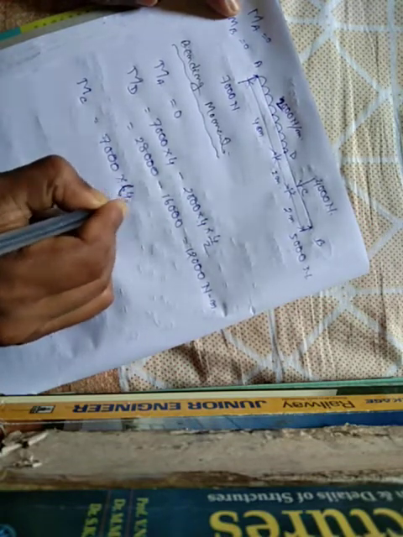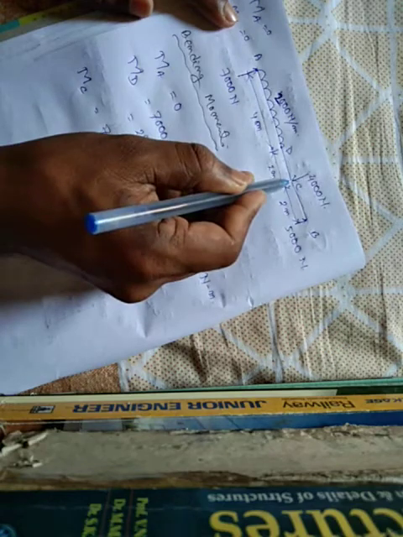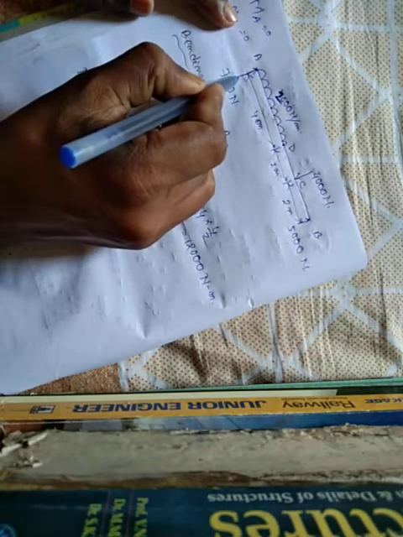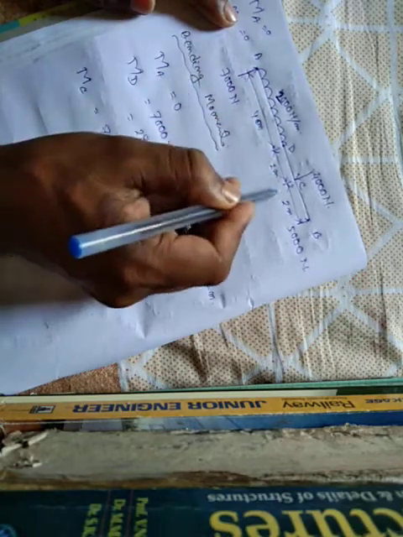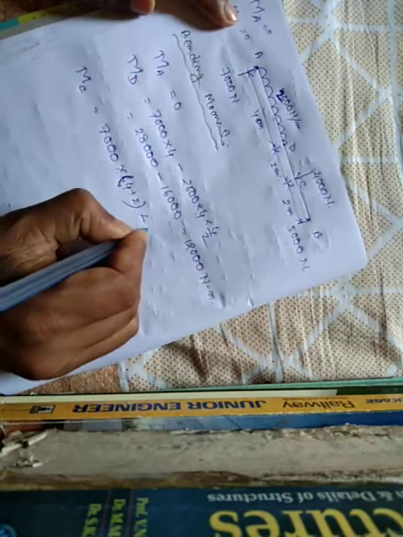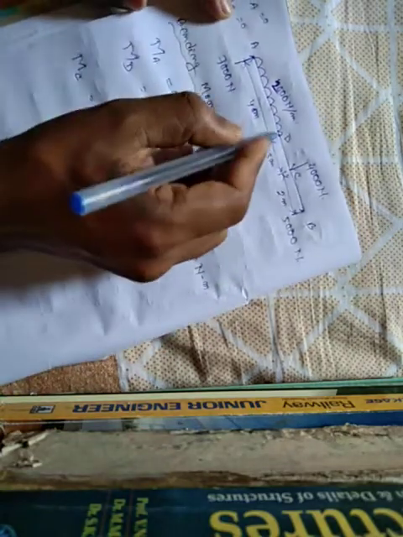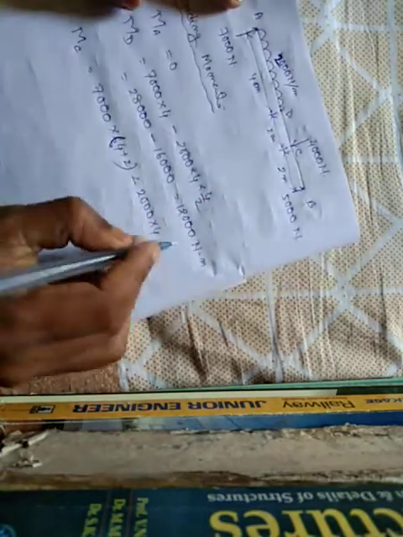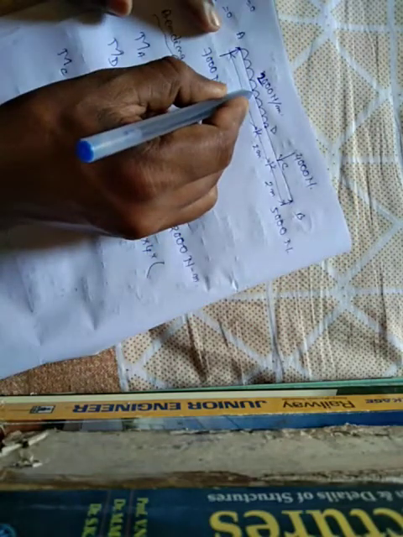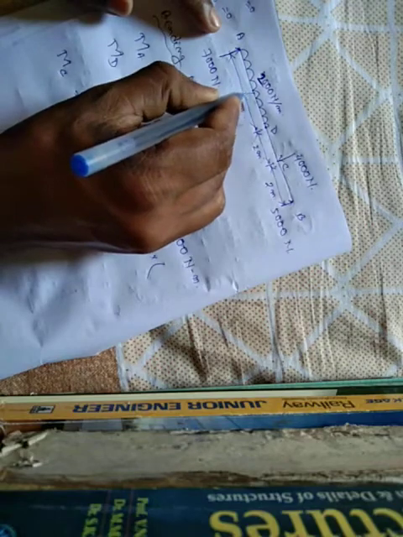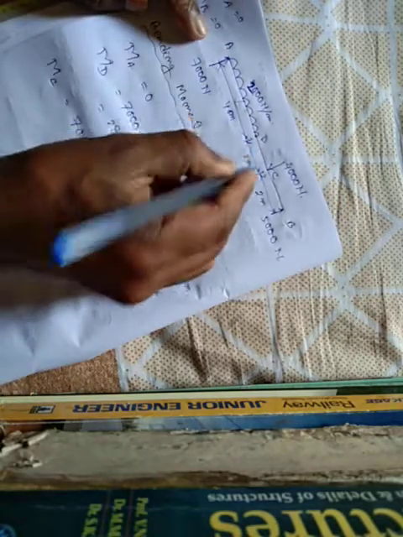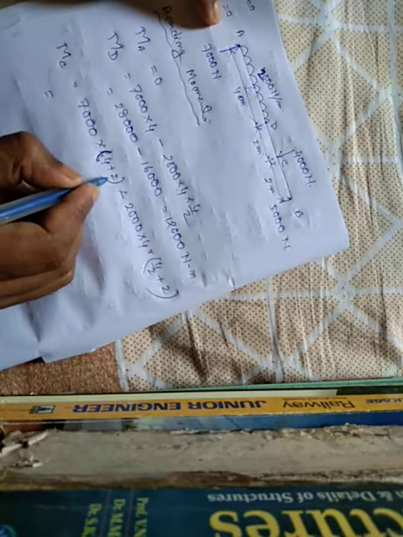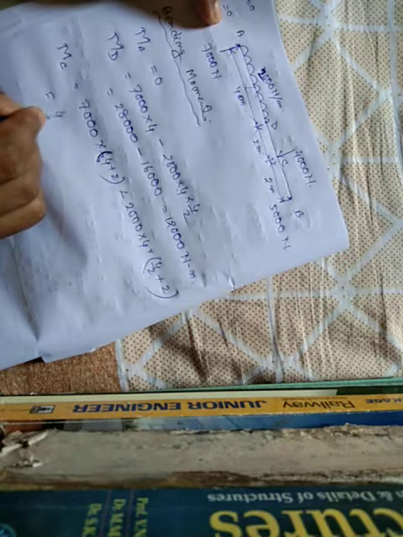For the uniform distributed load, 2000 up to 4 meter length into perpendicular distance 4 by 2, from the center of the uniform distributed load to point C, that means 4 by 2 plus 2 from D to C.